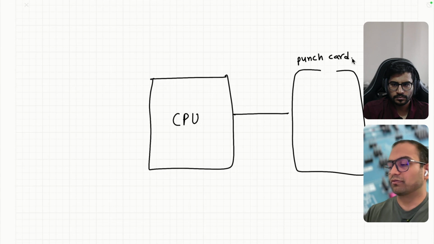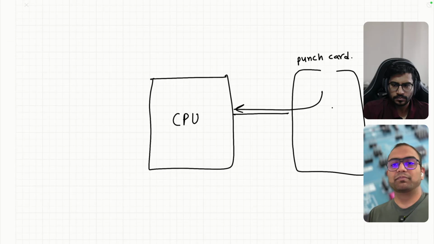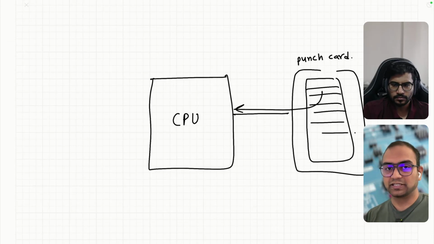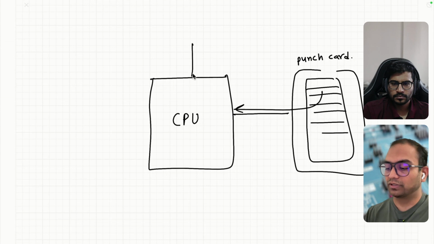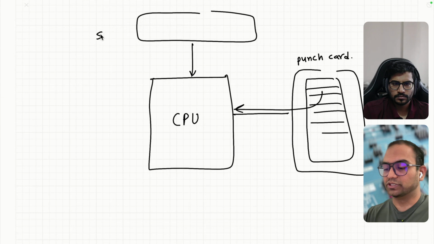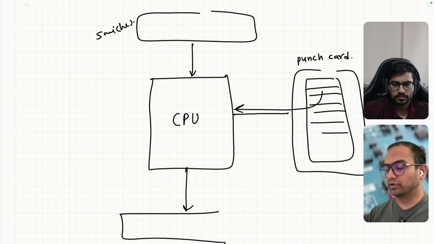So the inputs would come from punch cards, or you can say the instructions would come from punch cards. And we can now talk about the input values coming from switches. And the outputs would then go to bulbs.